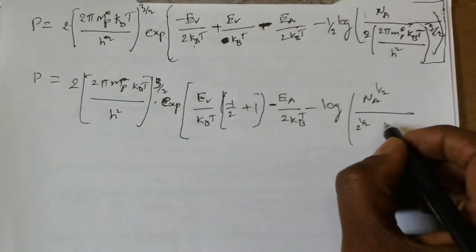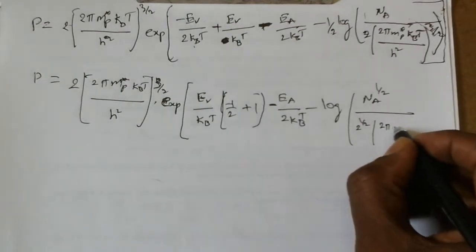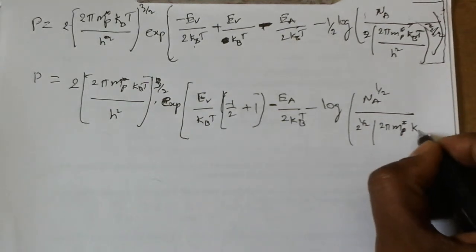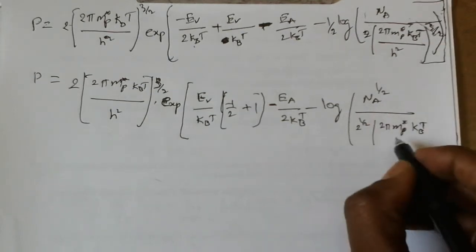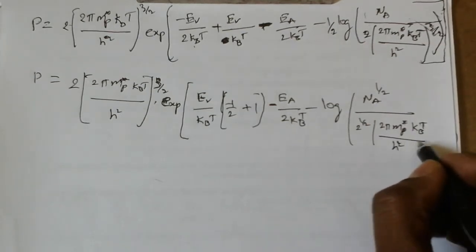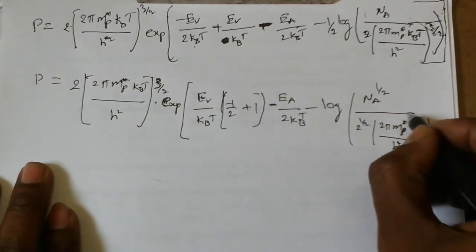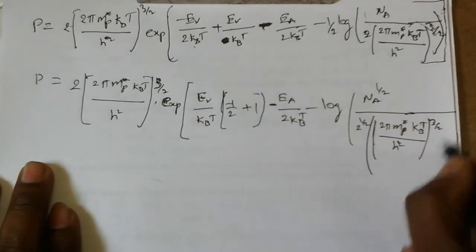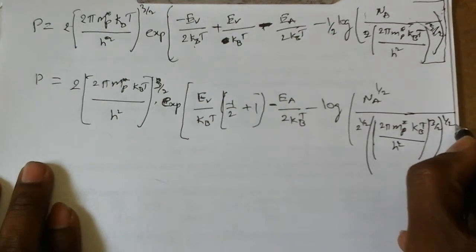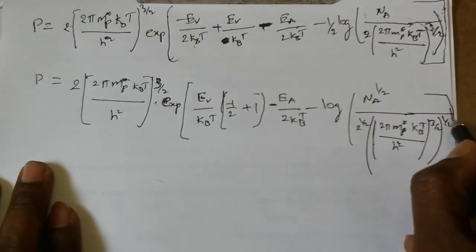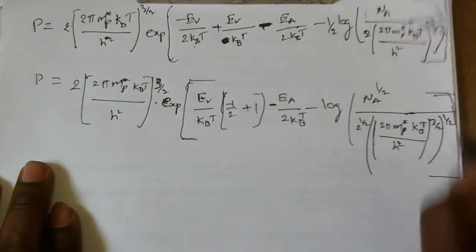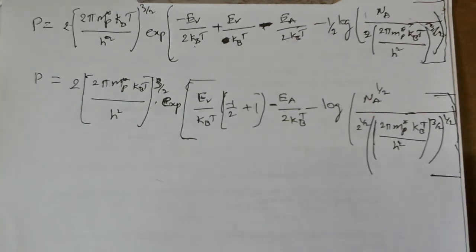power 1 by 2 into 2 pi m_p star k_B T as it is by h square, whole power 3 by 2, whole power 1 by 2. Like this we are getting.